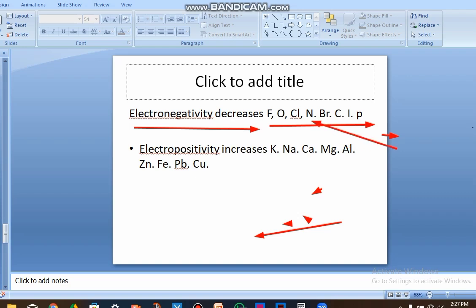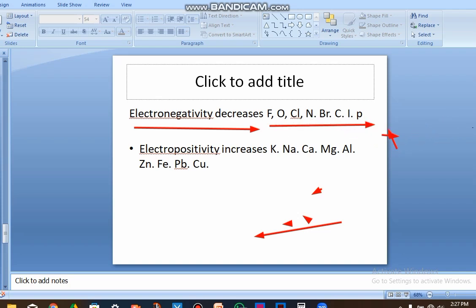Sometimes they will put nitrogen first in a particular option, say option A. They will not put all of these, they might start from F, O, Cl, N and Br. But just know that fluorine is the first one, then oxygen, chlorine, nitrogen, bromine. They might just start from here.